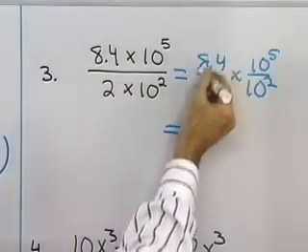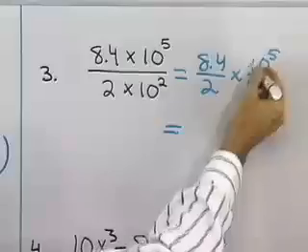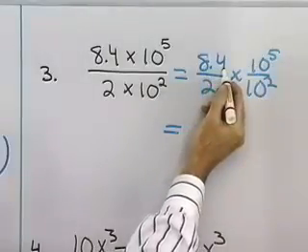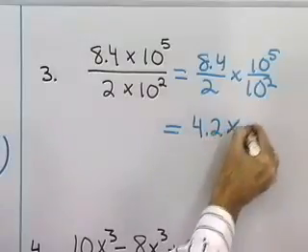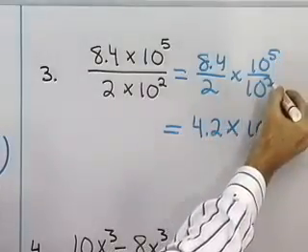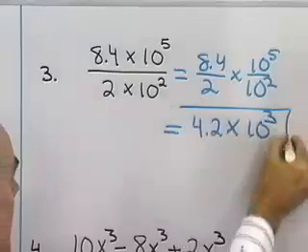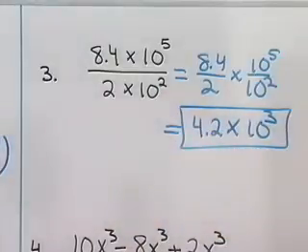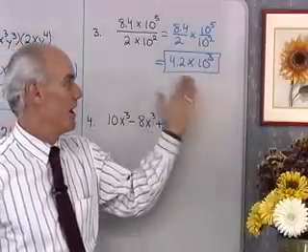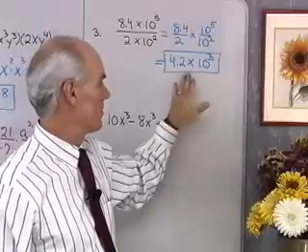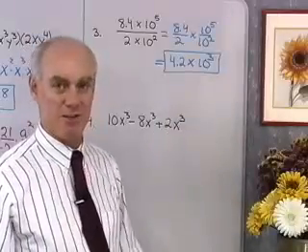But that allows me to separate the number parts from the powers of 10. 8.4 divided by 2 will be 4.2 times 10 to the 5 subtract 2 is 3. So there's my answer, and my answer turns out to be written in scientific notation. I have the 4.2 times 10 to the 3rd power. I could write that out the long way if I want, or more conveniently probably just leave it as scientific notation.